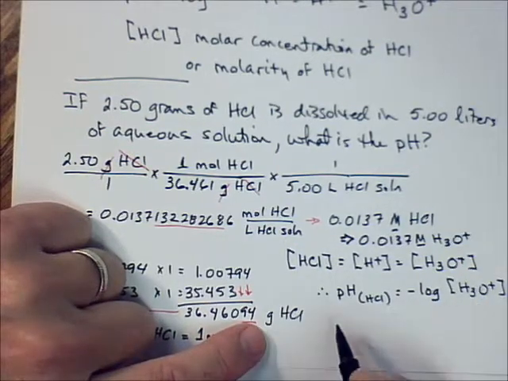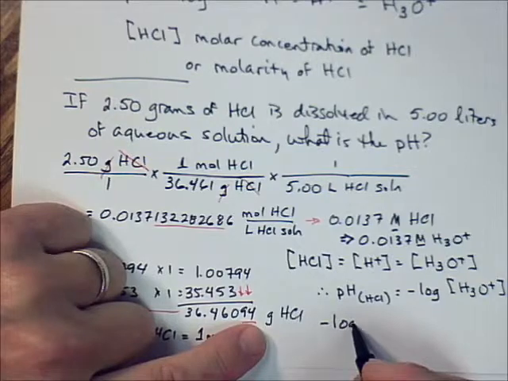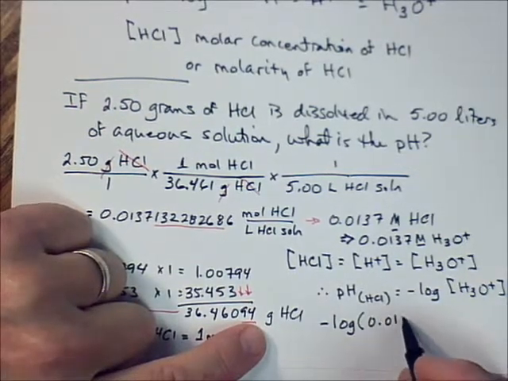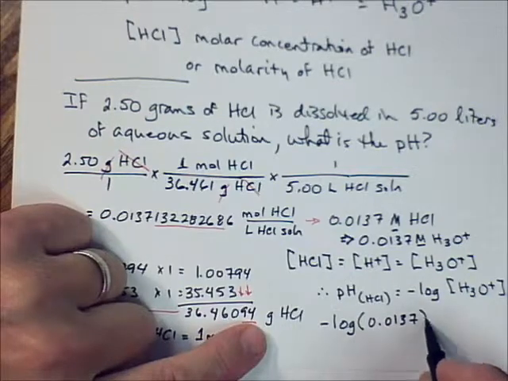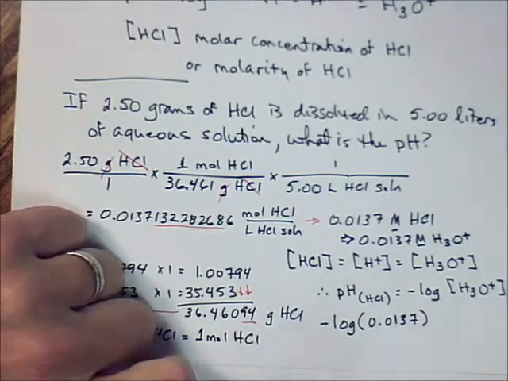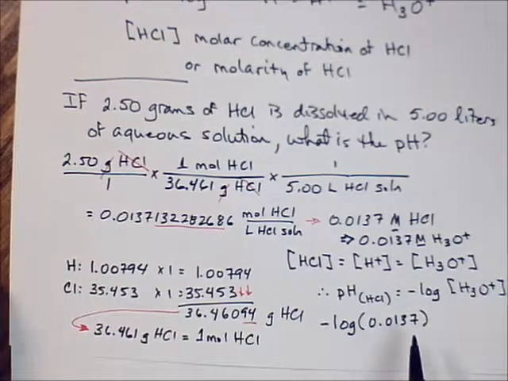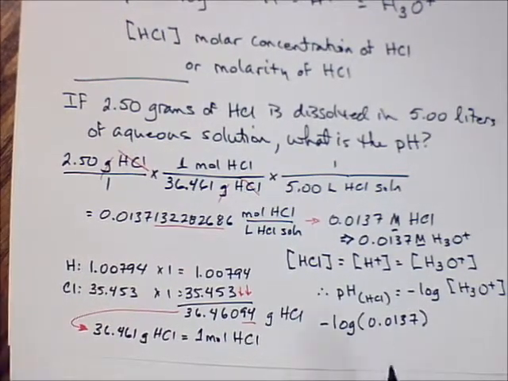So now we can take the negative log of that number there. So that's the negative log of 0.0137. Now, you have to be careful. Some calculators will let you put it in just exactly like this.